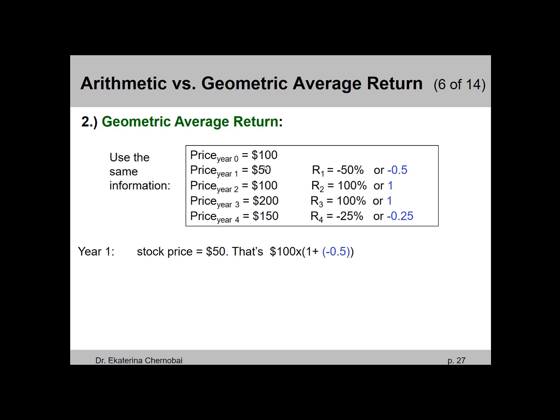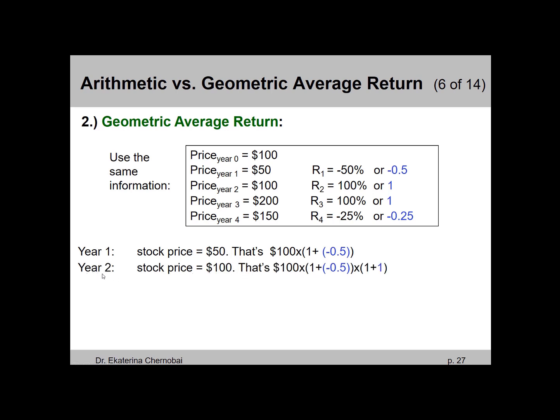How did we get 50? Using the return that we calculated. It's like saying that you paid $100 today in year zero, then you multiplied by 1 plus the return over the first year, which is negative 0.5 or a 50% decrease. And this formula is how you go from $100 to $50 in year one.